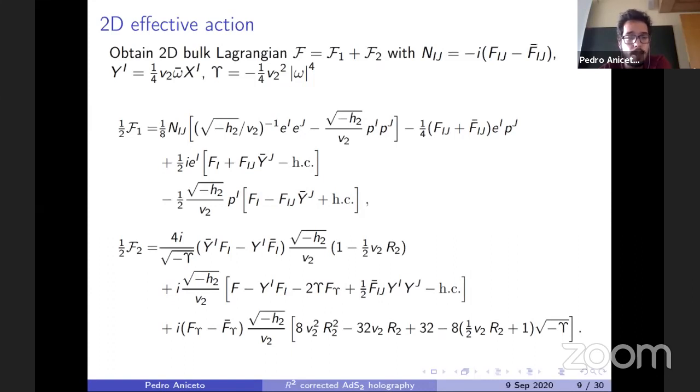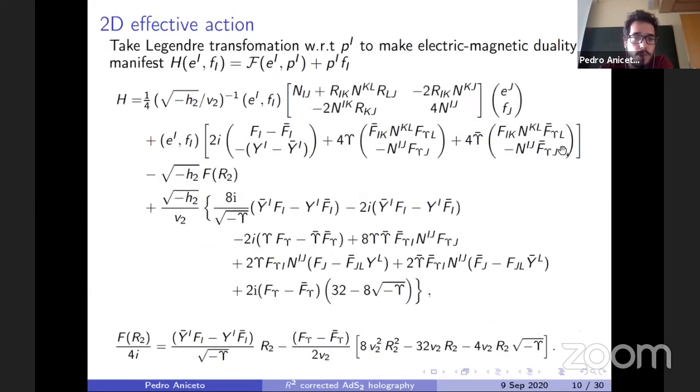Okay. Yeah. So we'll actually not use this Lagrangian yet. We'll take first a Legendre transformation with respect to the magnetic charge, so that we can make electric-magnetic duality evident, and this H is now the Lagrangian that we'll be using henceforth.